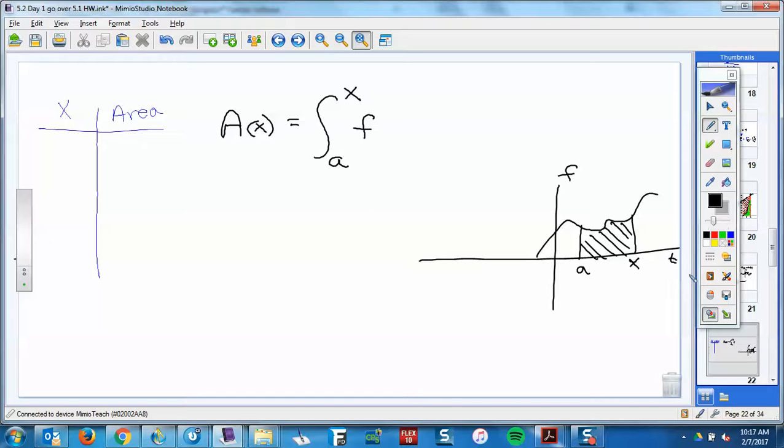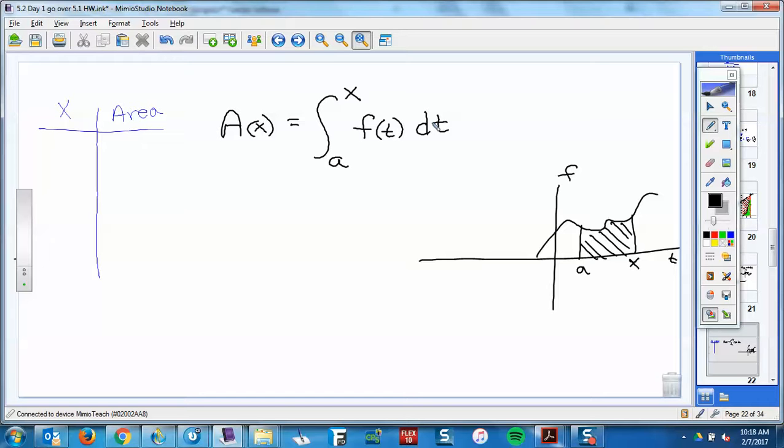So I'll use t. We could use t, we could use u, we could use German shorthand, it doesn't matter. We just can't use x. We're using x as our right edge of our interval. We can't use x as the input of our little f function. It's the input of our area function. And that's what we care about. We care about this. This doesn't matter in there. It just can't be the same as that right edge.